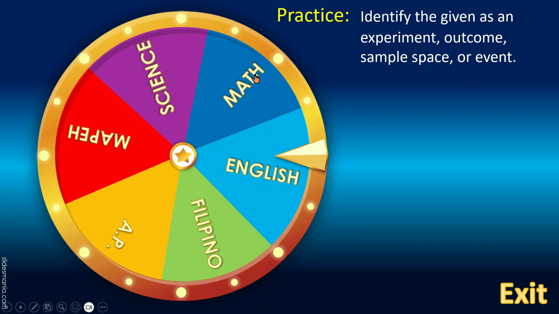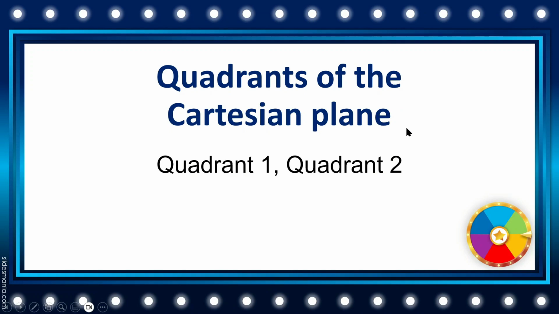Of course, since you only have math as the only left subject, let's just click that. If we see quadrant 1 and quadrant 2, in relation to quadrants of the Cartesian plane, what concept is that? It is an event because we chose two out of the four possible outcomes, which include quadrant 1, quadrant 2, quadrant 3, and quadrant 4.